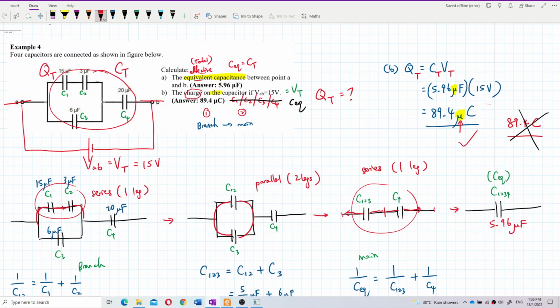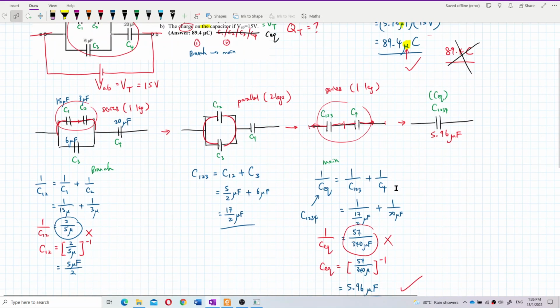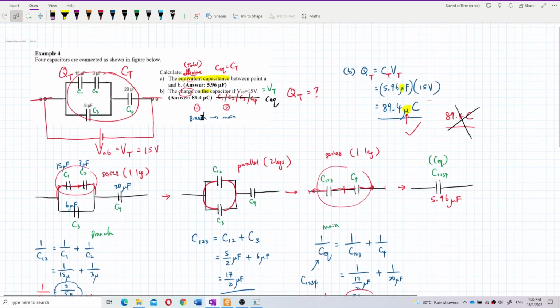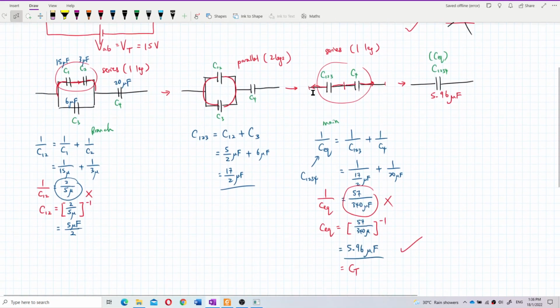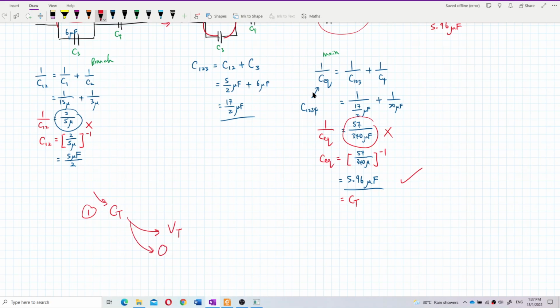For this type of question, you always find the C total first. After you get the C total, you can get the V total or the Q total.